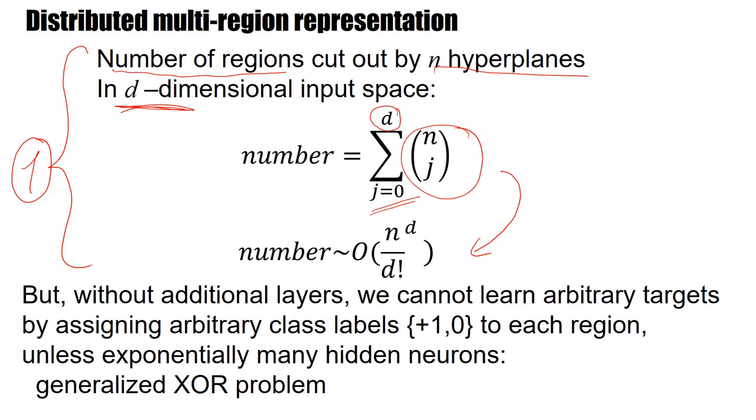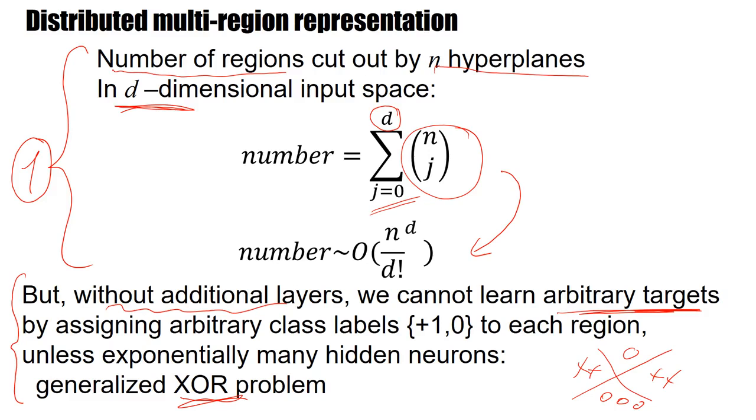Now, second point, these regions should not be labeled with arbitrary targets unless we have additional layers, because just remember the XOR problem, even for a single configuration like this, assigning labels in that form makes it difficult.